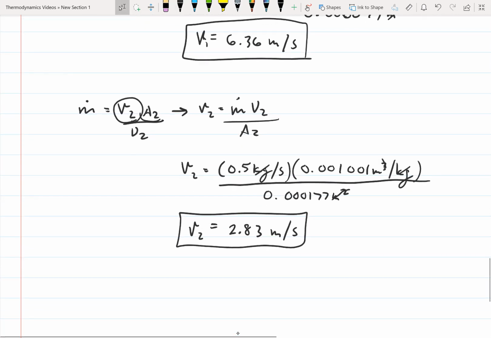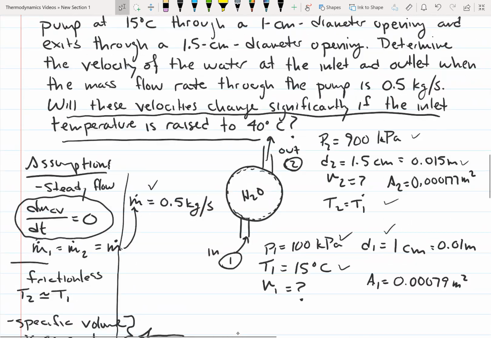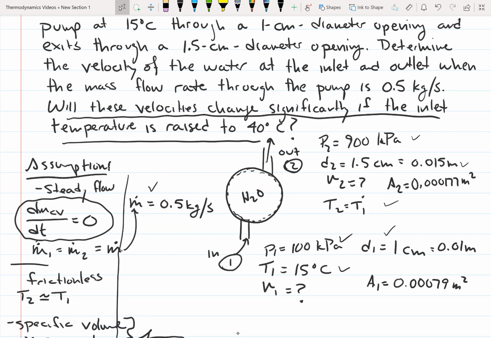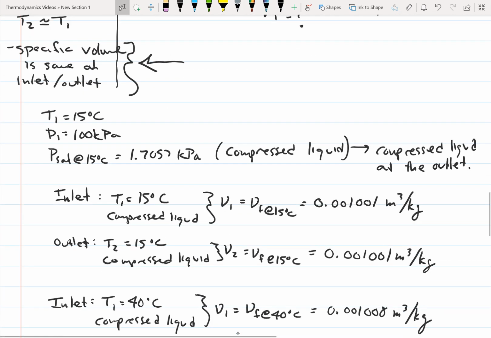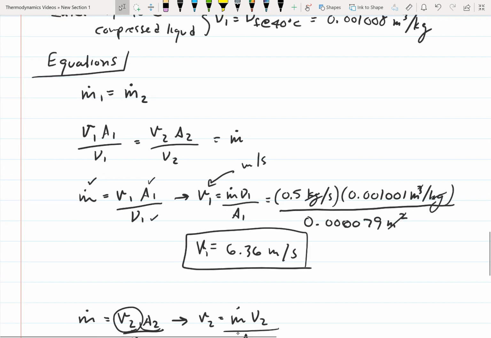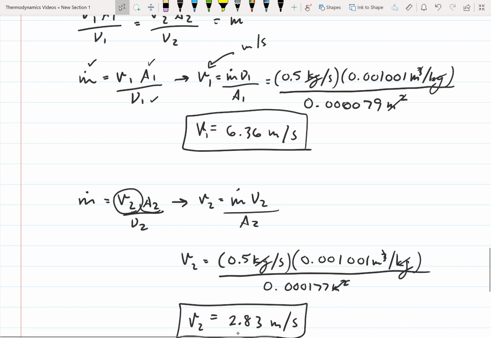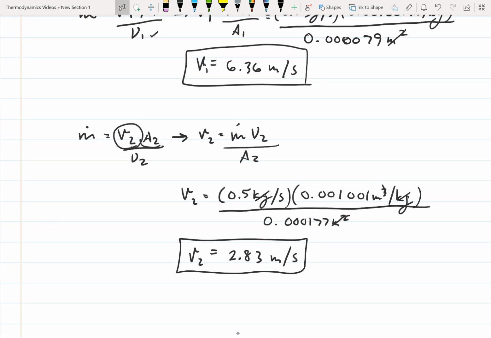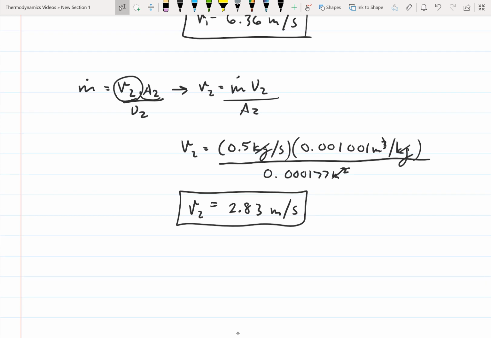Now the second part of the problem: will these velocities change significantly if the inlet temperature is raised by 40 degrees Celsius? I'm going to recalculate the velocity at the inlet assuming the temperature is 40 degrees Celsius, which is going to change the specific volume.